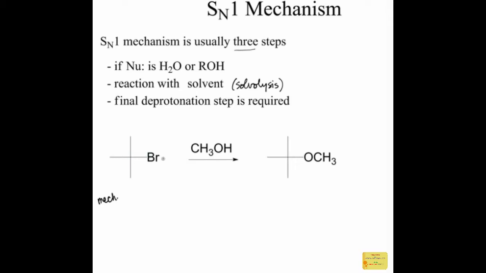Because our leaving group is on a tertiary carbon, that for sure tells me right off the bat I cannot do a backside attack. I can only do a carbocation. Okay. Furthermore, I have a weak nucleophile. So that also tells me that I can't do an SN2 and would have to do an SN1. So SN1 means carbocation. How do we get there? Our leaving group leaves.